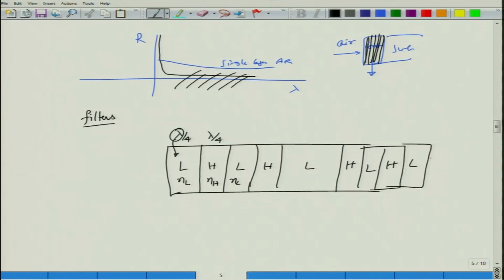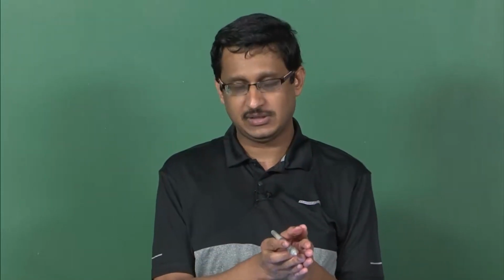The stack of alternating H and L will cause the reflection sign to differ, which means there will be a phase of pi. Depending on whether you adjust the phases so that they interfere constructively or destructively in the incident medium, you can have a highly reflecting stack or a highly transmitting stack. Both types of filters are used: one is the transmitting filter, one is the reflecting filter.